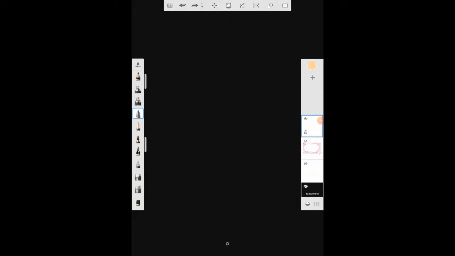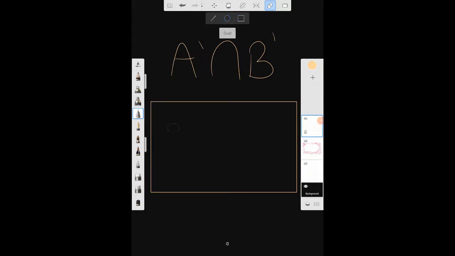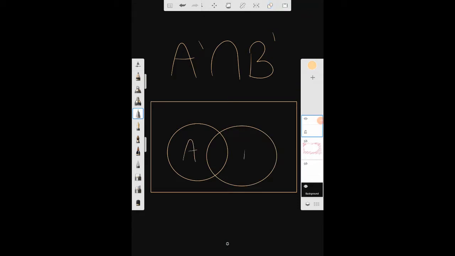A complement intersection B complement. Draw a Venn diagram for A complement intersection B complement. How am I supposed to do that? So Venn diagram, again to the rescue. My universal set, my set A, my set B, then I name them A and B.